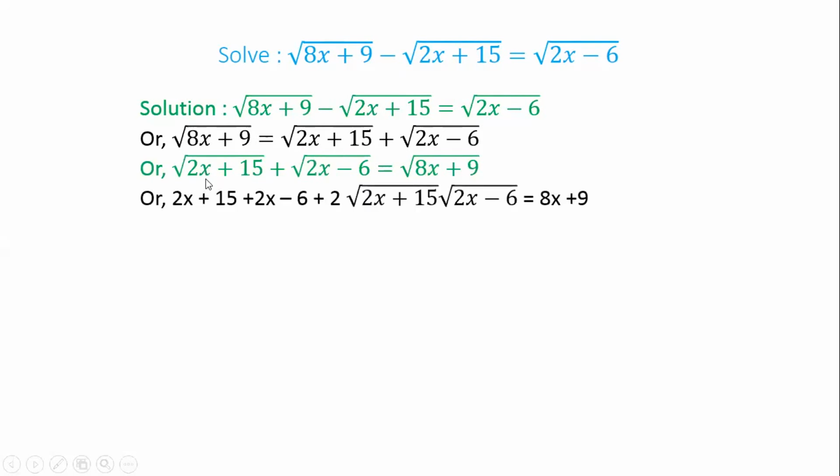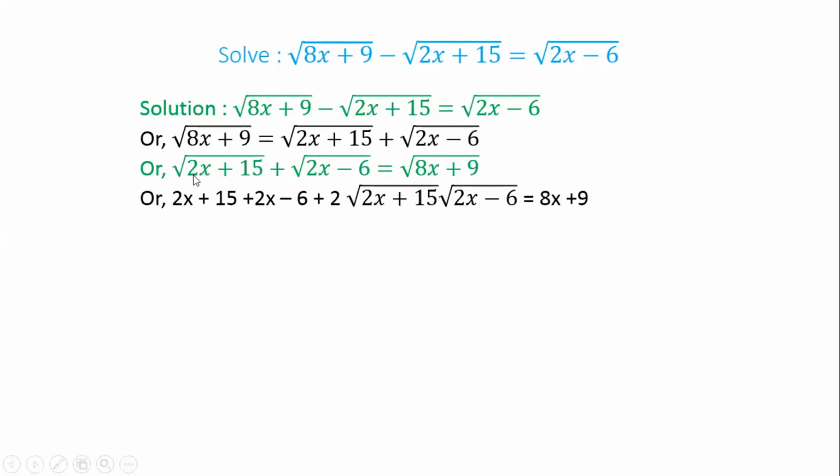If we take the square on both sides of this equation, we can apply the a plus b whole square formula. We know a plus b whole square equals a square plus 2ab plus b square.